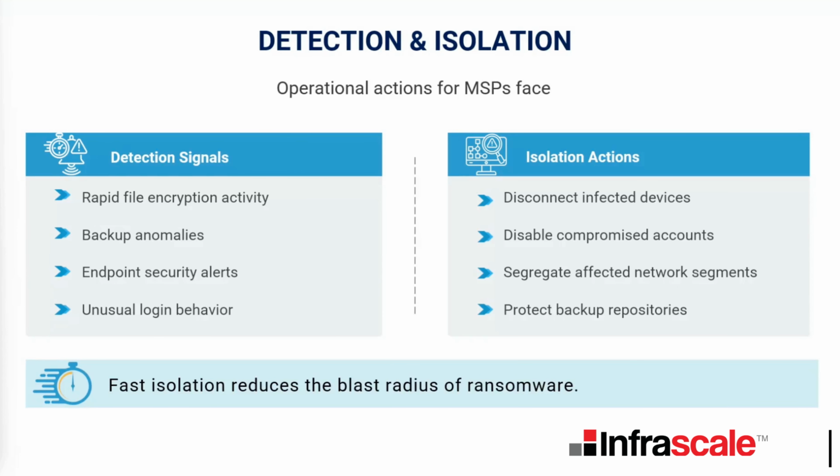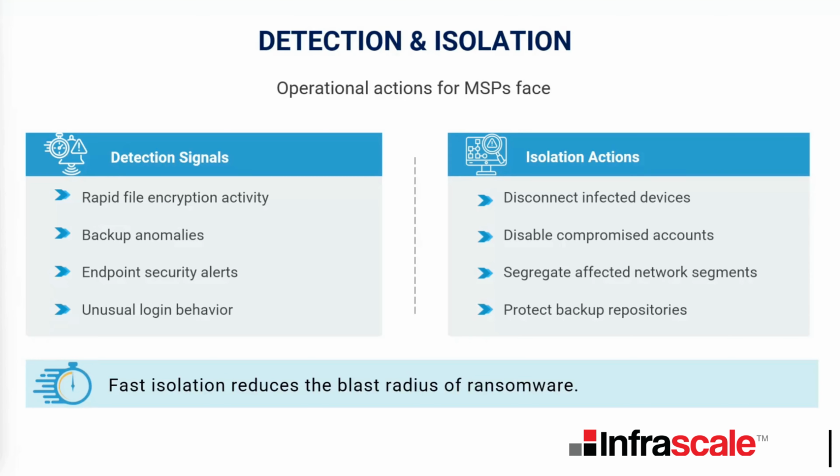Security tools may also generate endpoint alerts flagging suspicious processes or malware behavior. And sometimes one of the first indicators is unusual login behavior, like logins from unexpected locations or privileged accounts being accessed at odd times.